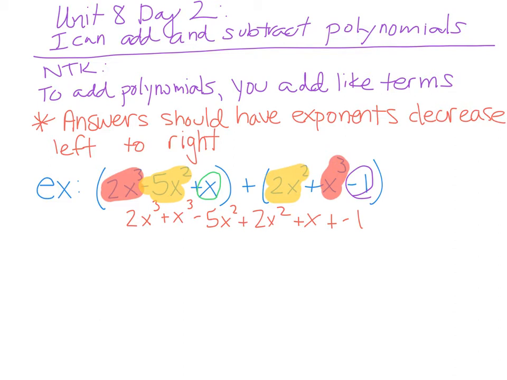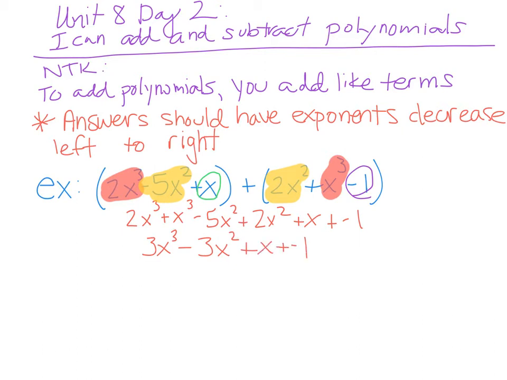All right, so now it's a matter of combining these things. We've got 2x cubed plus 1 more x cubed. That's a grand total of 3x cubed. We've got negative 5x squared plus 2x squared. That's minus 3x squared. Those things have been added. So now I've just got left over plus x plus negative 1.